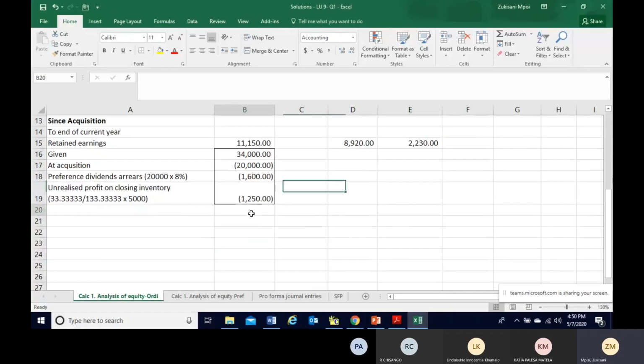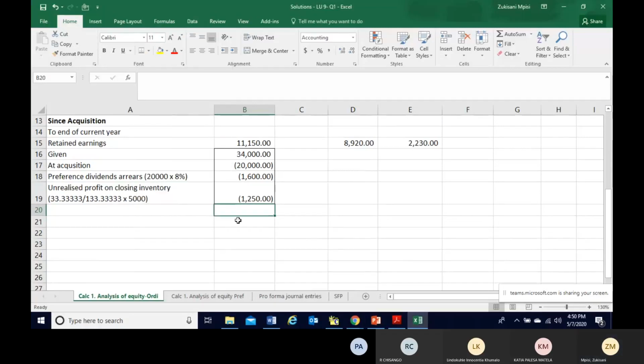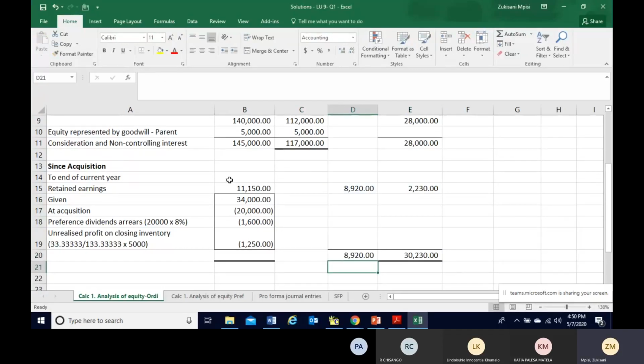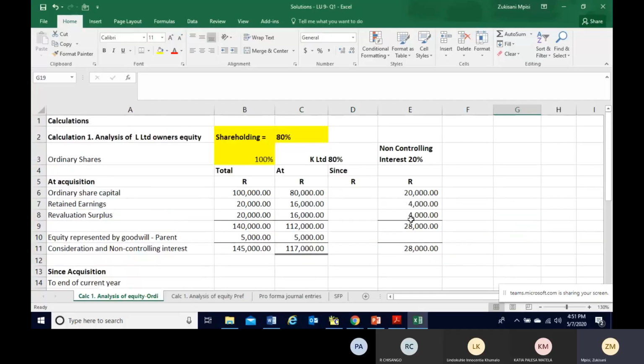Then we look at the totals: 30,230, 8,120, and then 145 plus 11,150, 156,150, 117. So we are finished with the analysis of equity from the ordinary perspective.